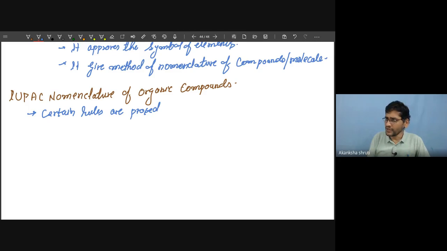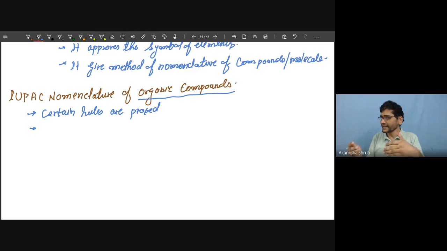In these rules for organic compounds, the very first is considering the number of carbon atoms, then the type of functional group present, because the type of functional group decides the characteristic or nature of that molecule.